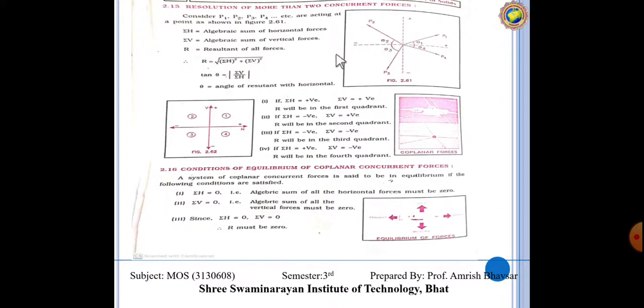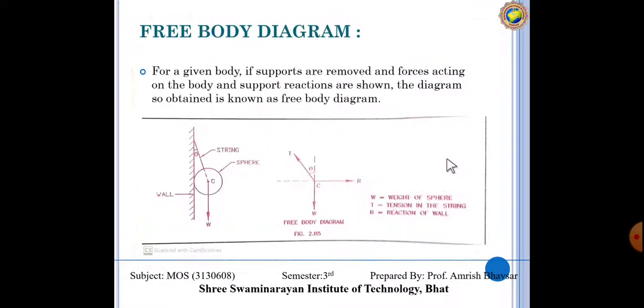So whenever a number of forces are acting on a body, we can calculate the resultant force with the help of sigma H and sigma V, and for that we take components of the forces on the x as well as y axis.